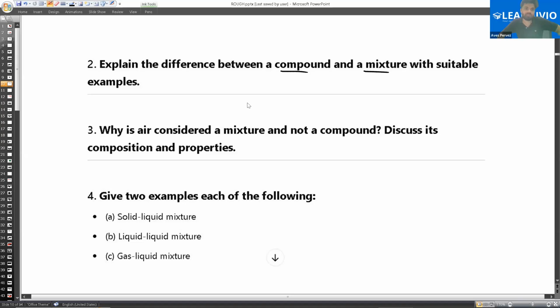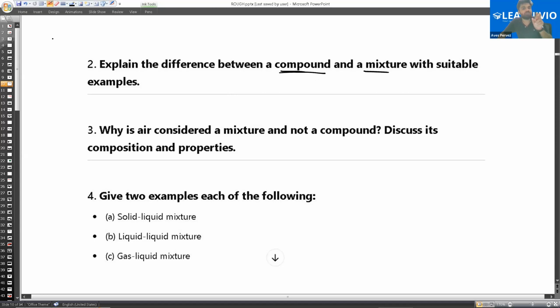You done? So what is a compound? In compounds, two or more different substances are combined together chemically, while in mixtures, two or more different substances are mixed together physically.